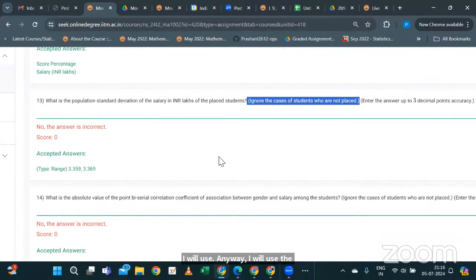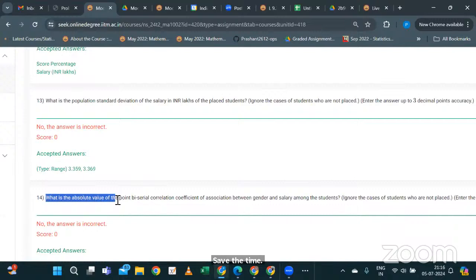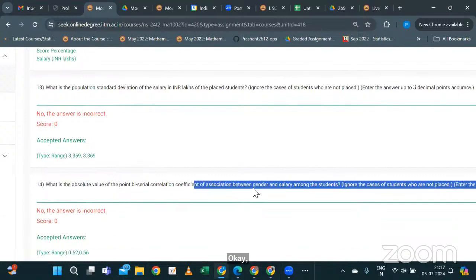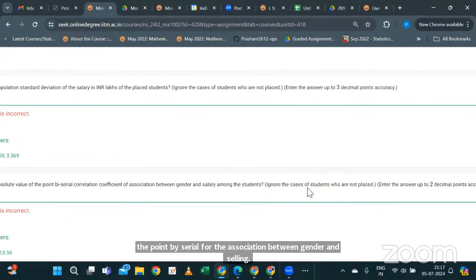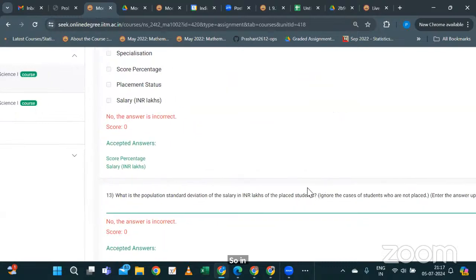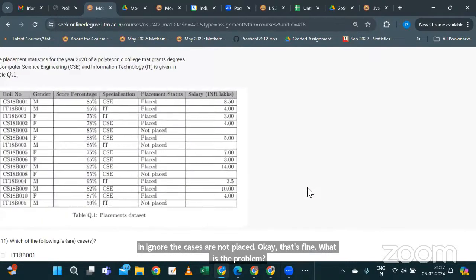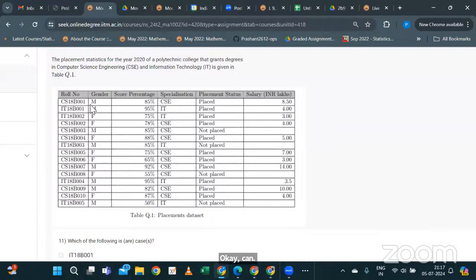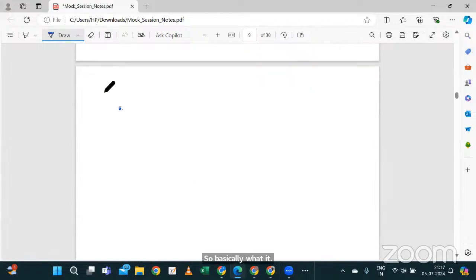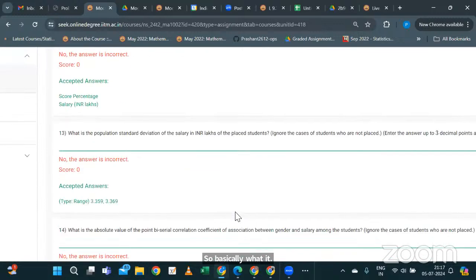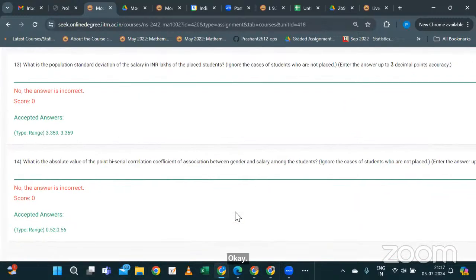Question number 14: what is the absolute value of the point biserial correlation coefficient for the association between gender and salary? Ignore the cases who are not placed. Before asking, you should read the question carefully.